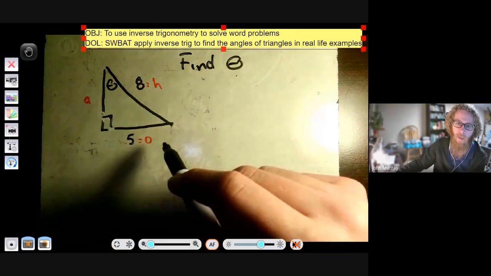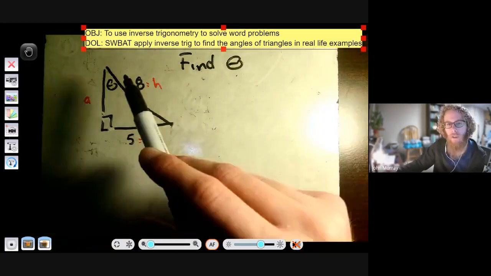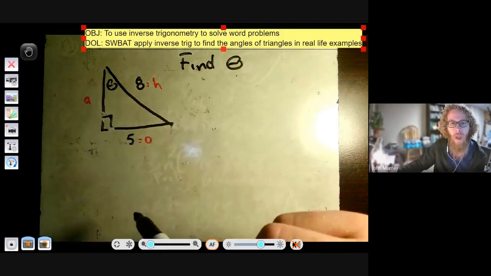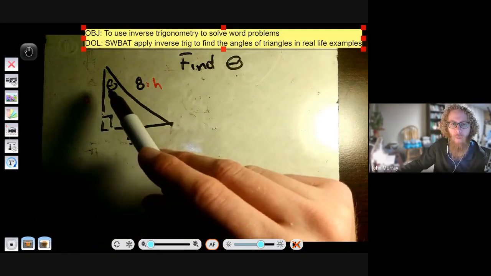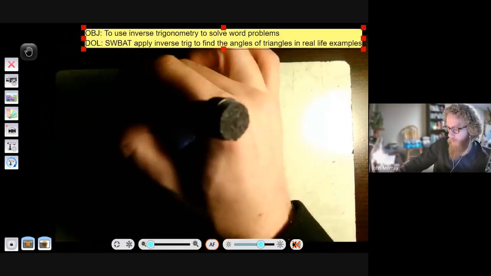Now that we have our sides set up, we're going to figure out which trig function I need to help me solve for this. Here's my angle, and what we know is the opposite and the hypotenuse.